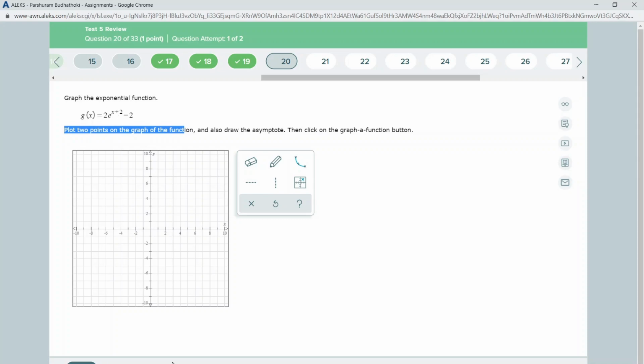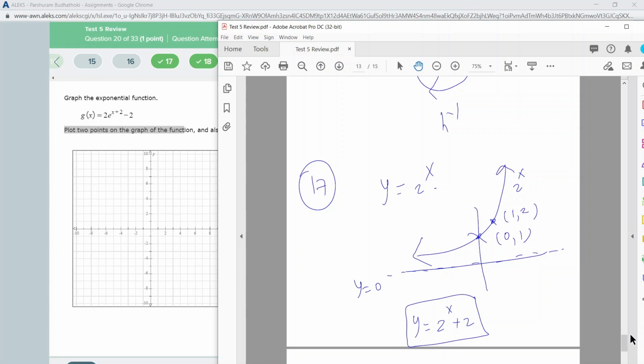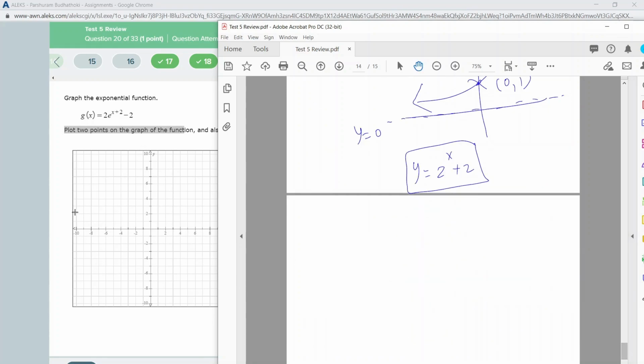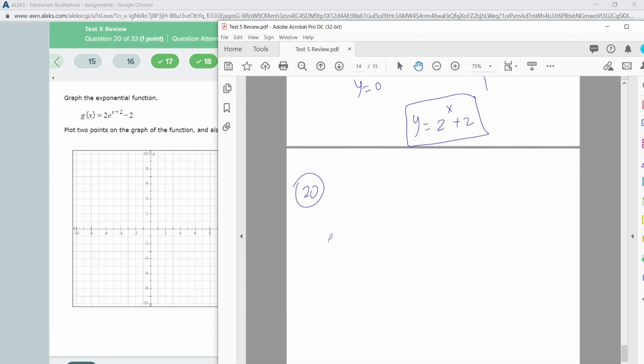Let me just do this one. Problem 20. So remember, for problem 20, you have to understand the transformation. This e to the power x is going to e to the power x plus 2, and you are multiplying this by 2, and then finally you are doing the vertical shift.